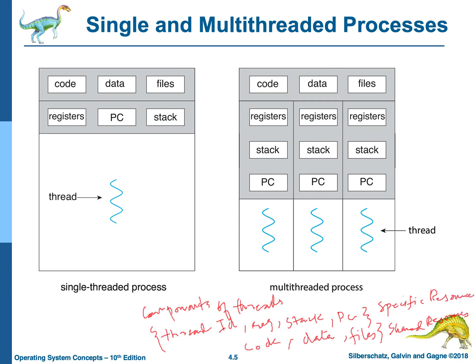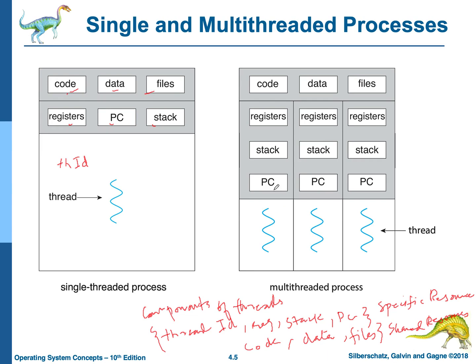Okay, so here we have single thread processes and multi-thread processes. A single thread process might have a thread ID, which is specific to this thread, and also registers, program counter, stack, and we have code, data, and files here.